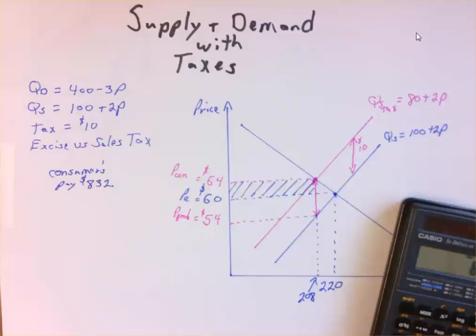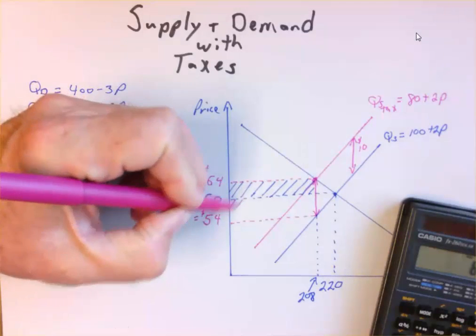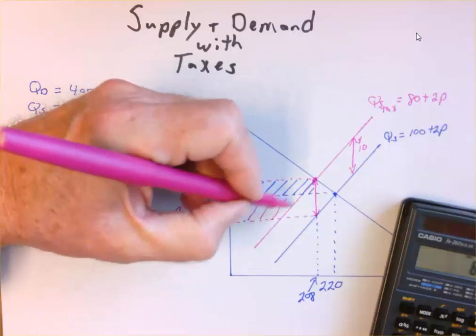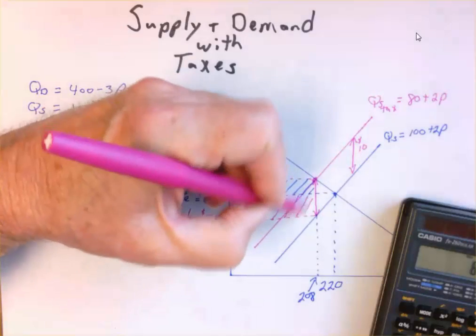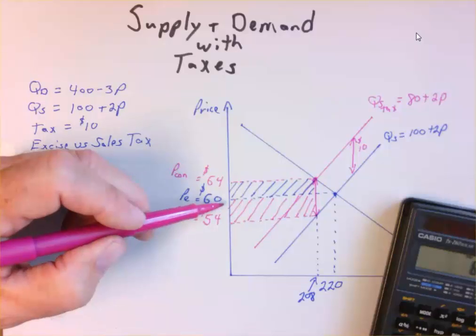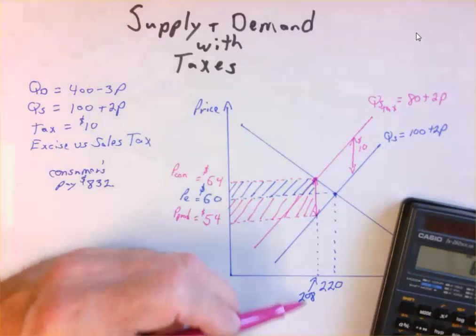Then, well, what did producers pay? Well, we say producers pay the difference between the price they used to get and the price that they now get after the tax. So for them, that's $6, right, from 54 up to 60. So producers paid $6 times the number of units that were sold.